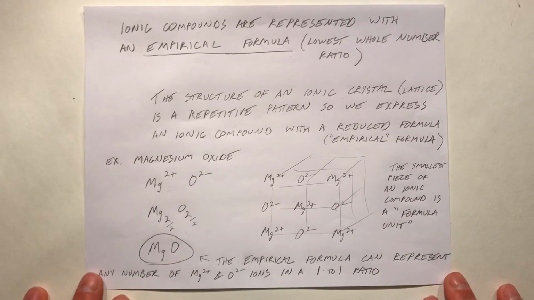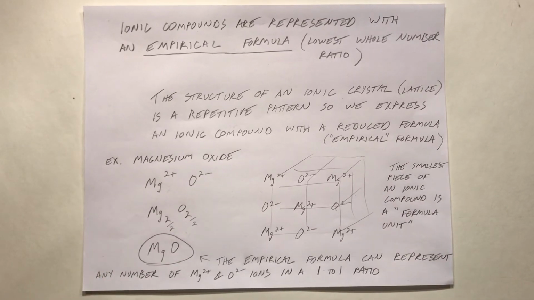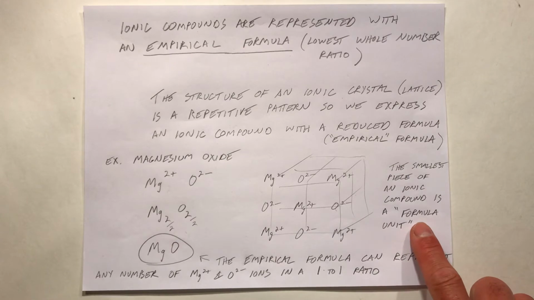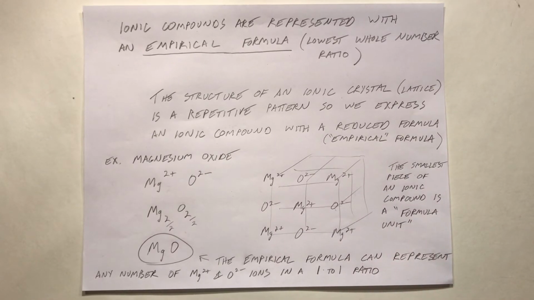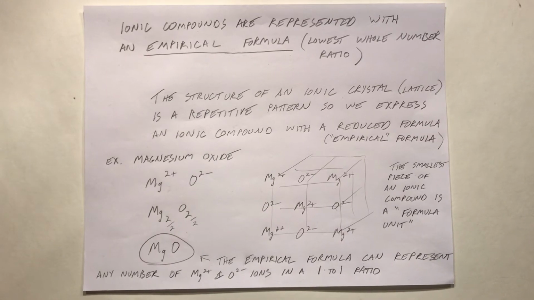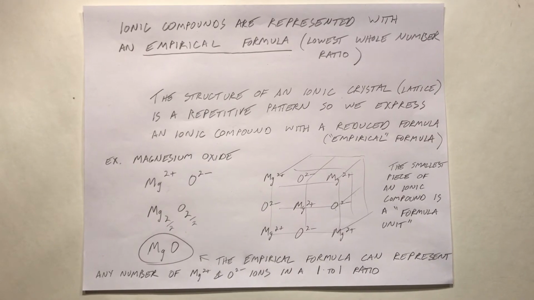Now, it's pretty typical for people to use the word molecule when we're talking about any particle, whether it's an ionically bonded or covalently bonded particle, but rigorously that's not correct. If we want to be really exact about it, we should be using the term formula unit when we're talking about the smallest piece of an ionic compound, and we would only use the word molecule when we're talking about the smallest piece of a covalent compound.